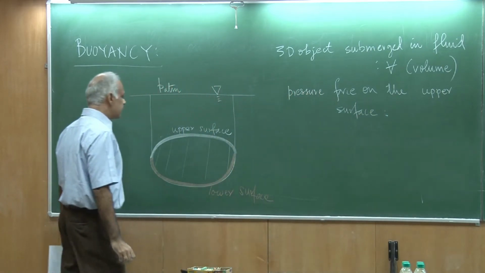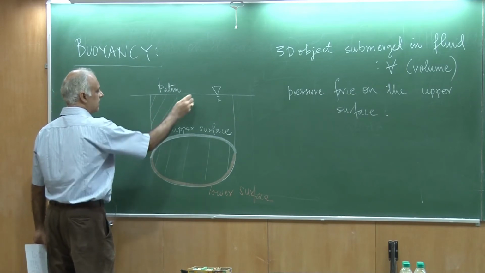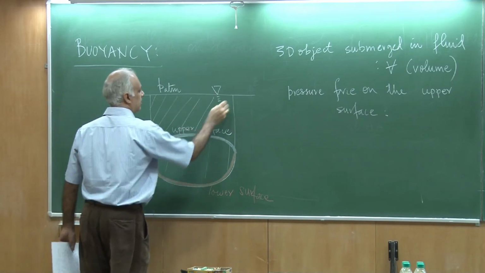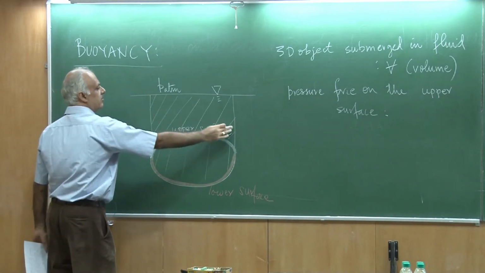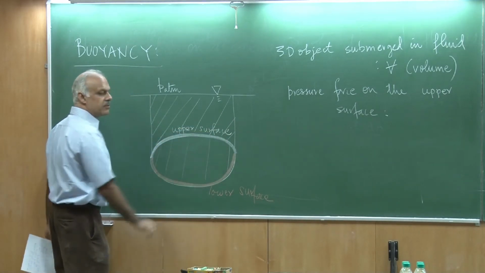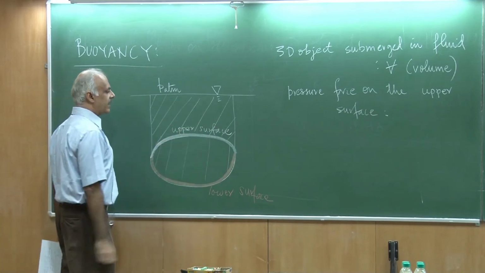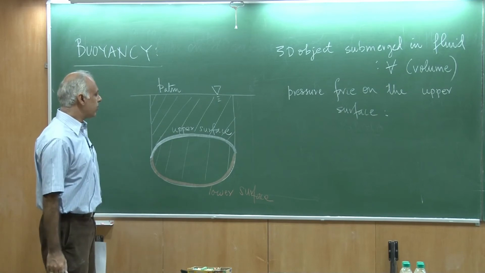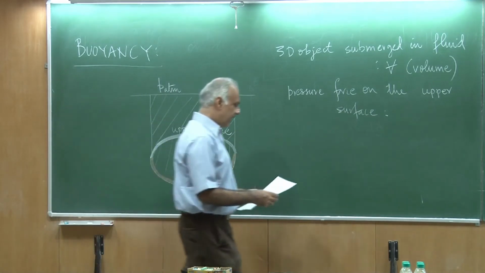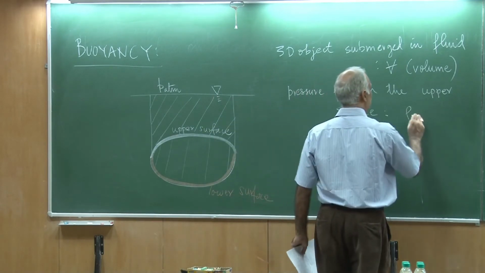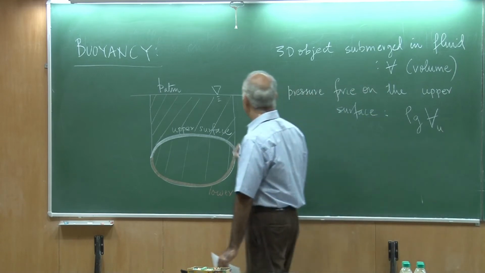And that's easy to calculate because I would have to take this prism, so this entire fluid rests on the upper surface, and the resultant I can calculate from the volume of this, and that would be given as rho g Vu.